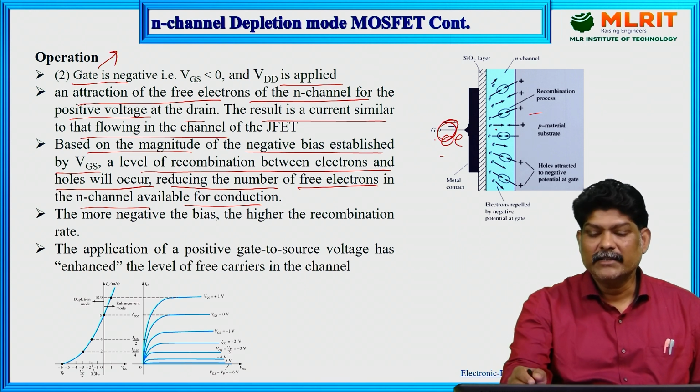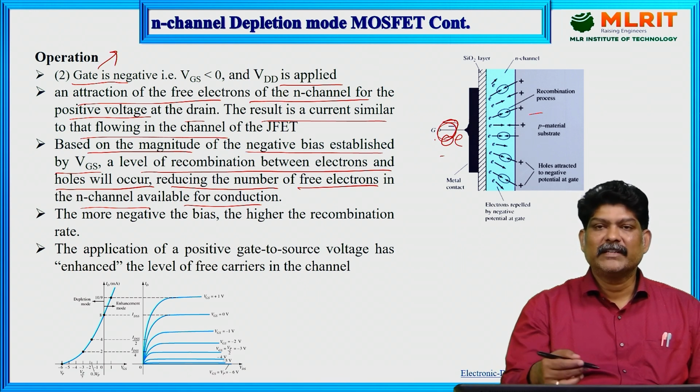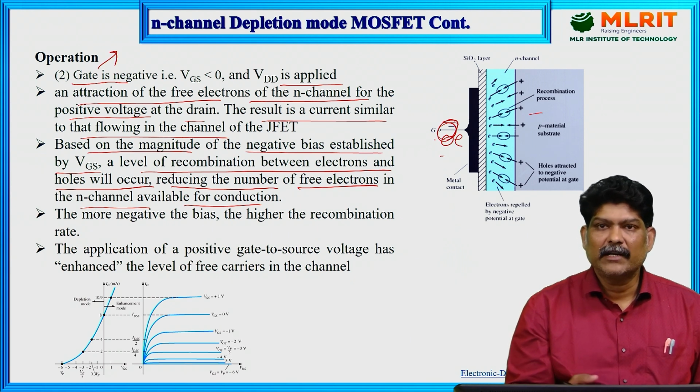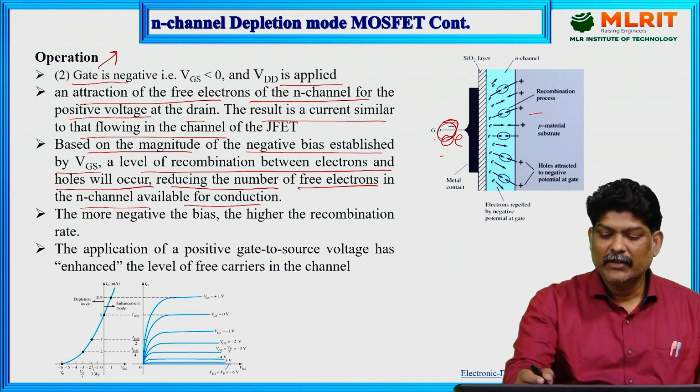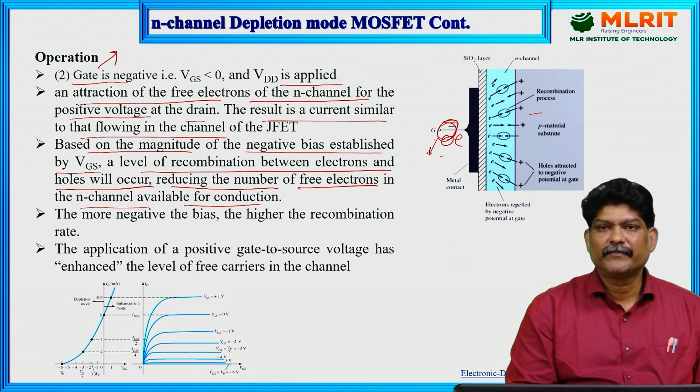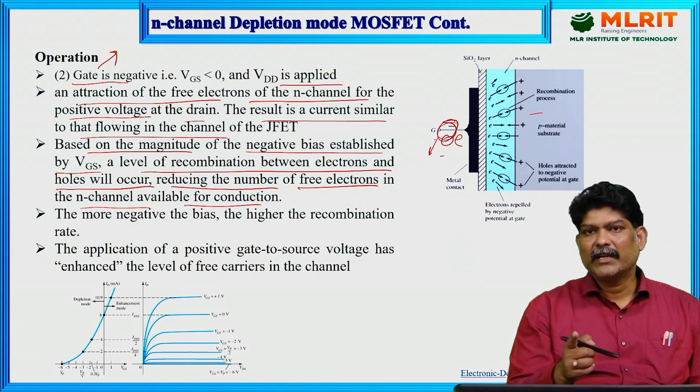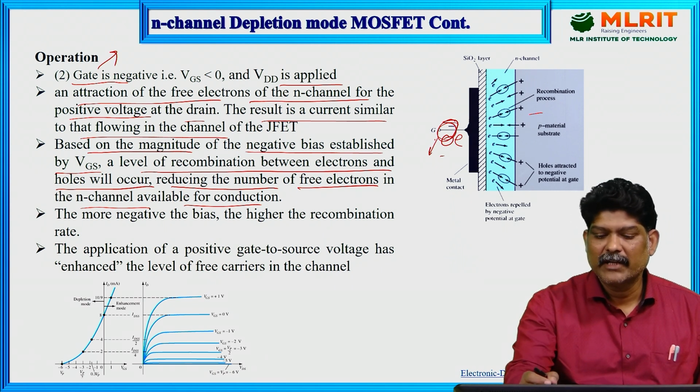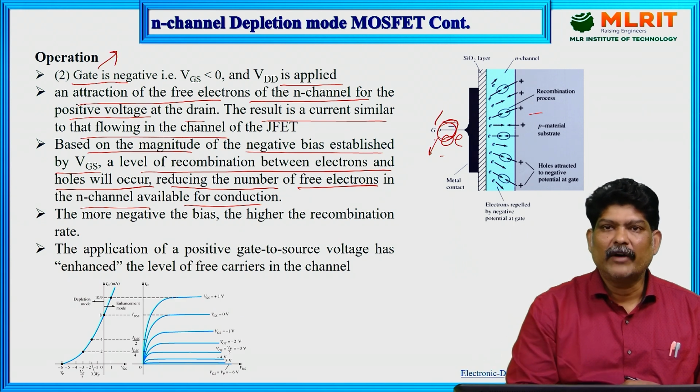In the N channel, the majority charge carriers are electrons, so electrons participate in the conduction. Due to the negative gate voltage, those electrons are repelled and move away from this silicon layer.